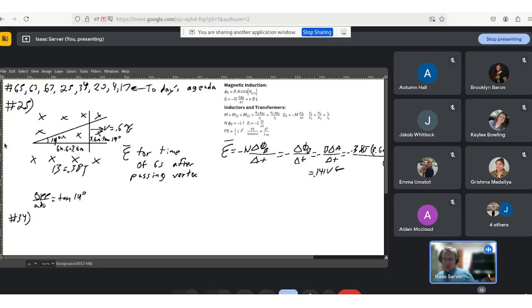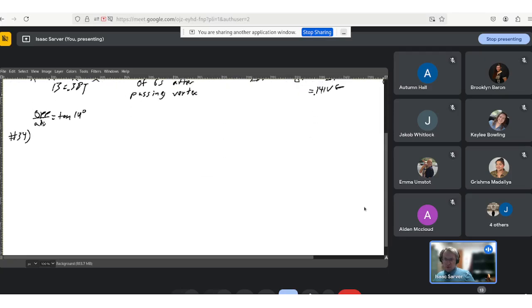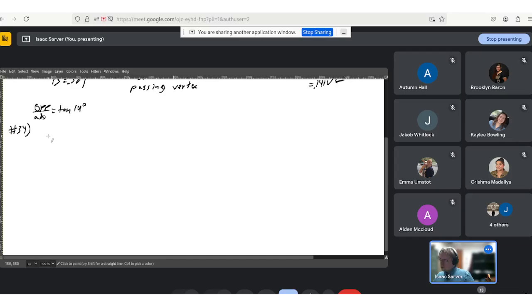So we have a loop of wire with a resistor in it, sitting next to a wire with some current in it going that way. Let me put it on the other side. The current goes that way.